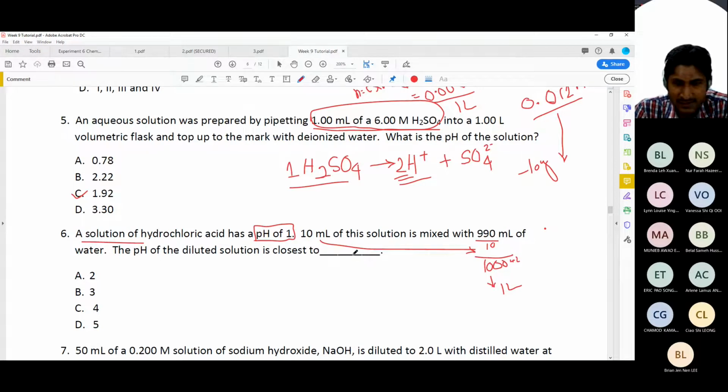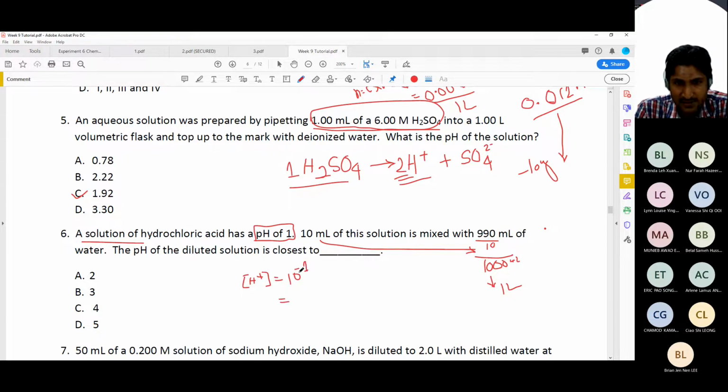First of all, how do you find the new concentration? I know the volume is 1 liter. Now I just need to know the number of moles in this 1 liter. So how do we find the number of moles? Well, the pH is given as 1. As I said at the beginning, from pH we find the hydrogen ion concentration as 10 power negative pH, or anti-log.